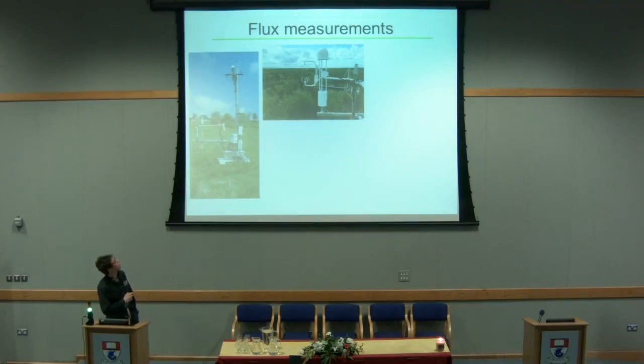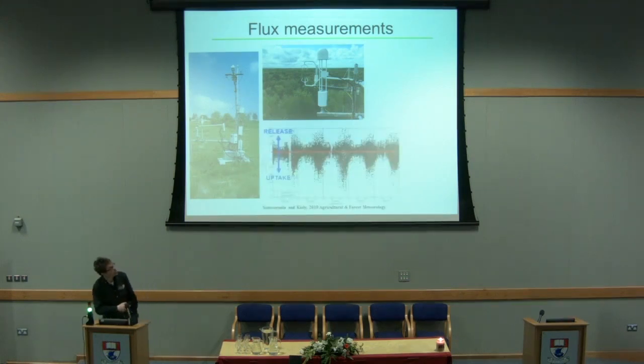So these are Eddy Covariance systems mounted on towers on two different types of ecosystems, a grassland here and a forest there. What we get from these measurements are time series like this one. This is over a 5-year period, where every single dot represents the CO2 flux averaged over half an hour.